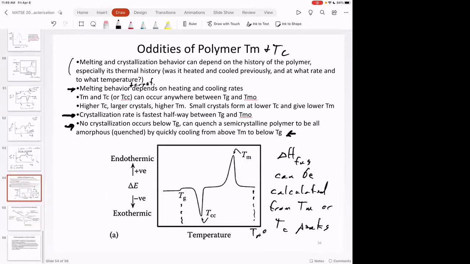All right, that is all I want to talk about in terms of thermal properties. And so as you start to review and think about your homework, I'll have a list of things to remember.